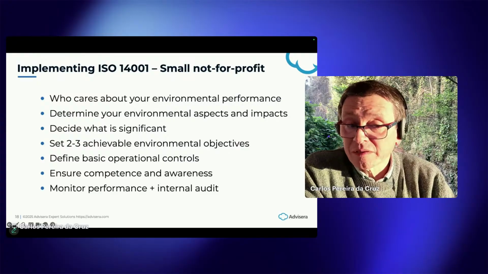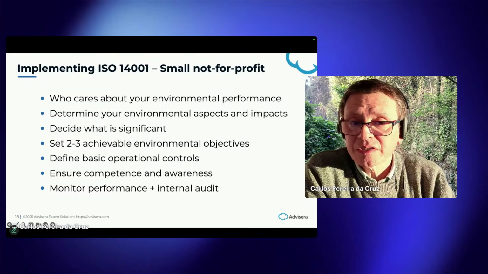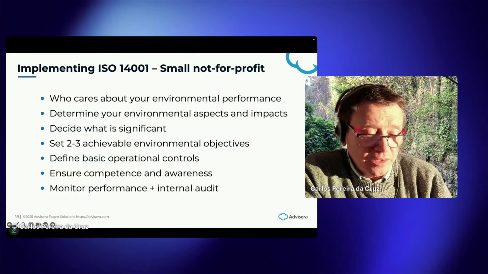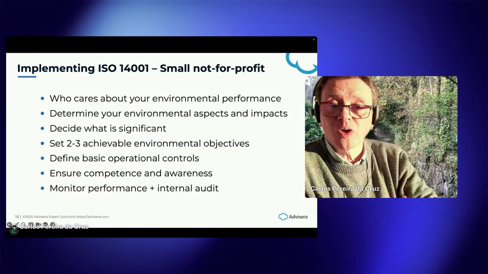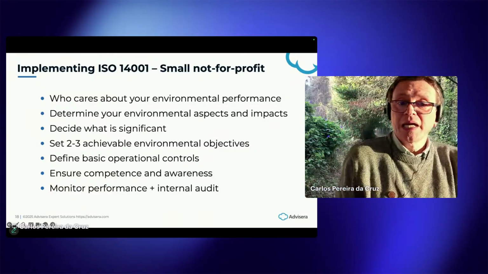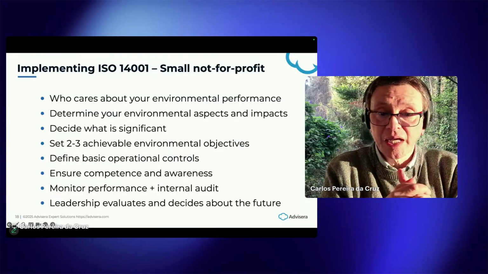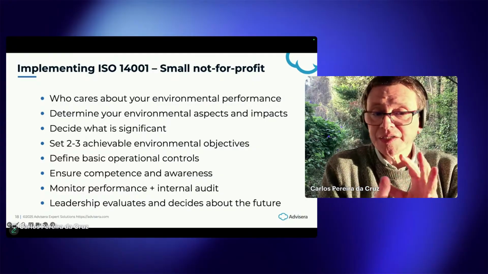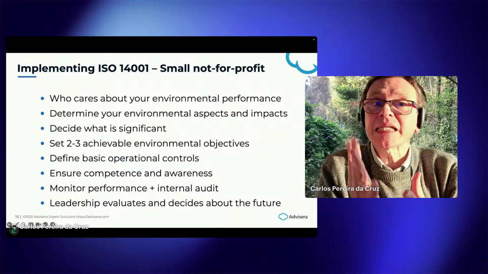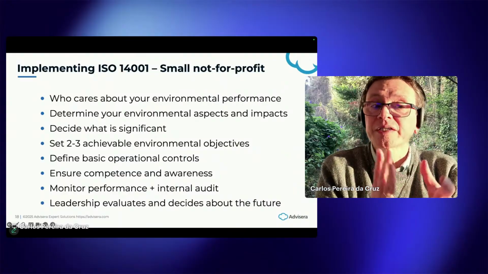Monitor performance with a few indicators: energy bills, waste volumes, recycling rates. Conduct an annual internal review, a mini audit, to check what's working and what needs improving, and engage leadership. Management must support decisions and allocate minimal resources. In very small organizations, the key is not bureaucracy, but clarity. Know your impacts, control them, and improve a little each year.